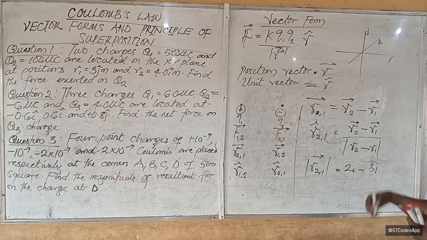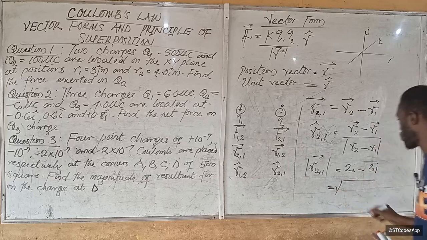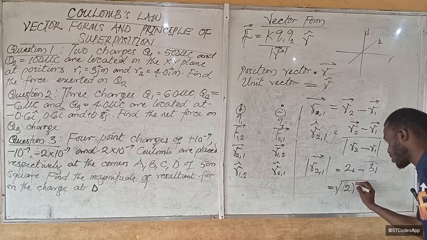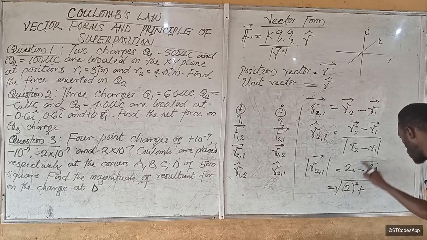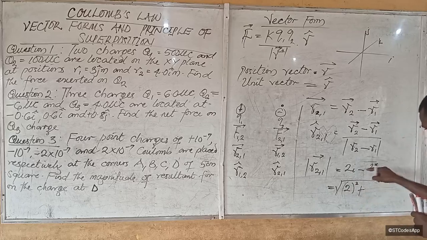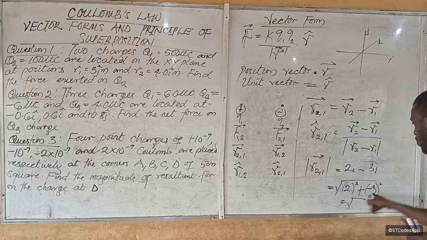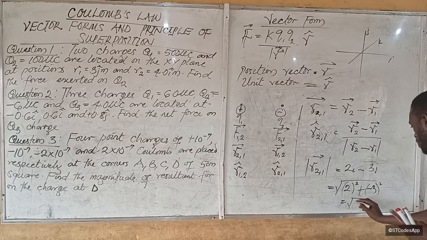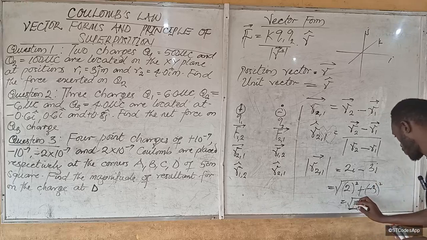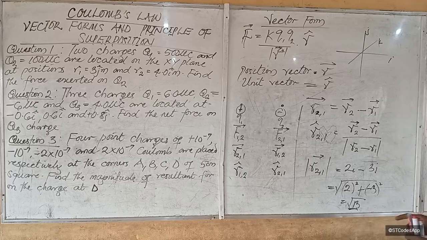The answer is going to be the square root of 2 squared plus minus 3 all squared. This gives us the square root of 4 plus 9, that is 13. So our answer is going to be the square root of 13. So you see it's going to be a whole number here, while the vector itself is still going to have the direction i or j in it.